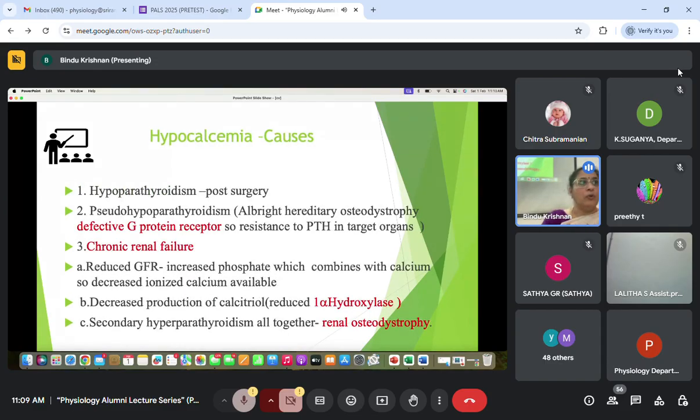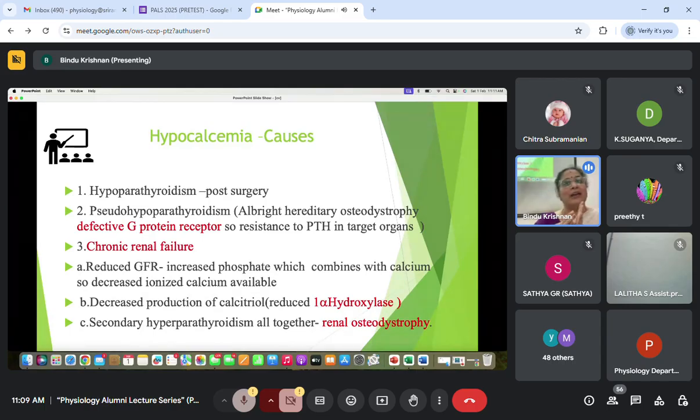Coming to what we have seen till now, the major reasons for the calcium level dropping: the most common and important cause is hypoparathyroidism. This happens most of the time when there is a thyroid surgery and the parathyroid gland has been removed by mistake. So 36 to 48 hours post-operative, the patient comes with symptoms of hypocalcemia, because now I don't have PTH to maintain my serum calcium level.